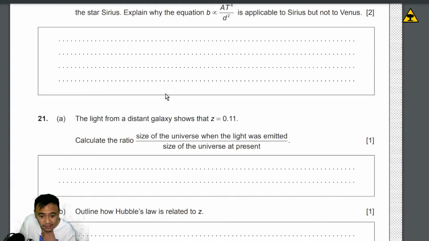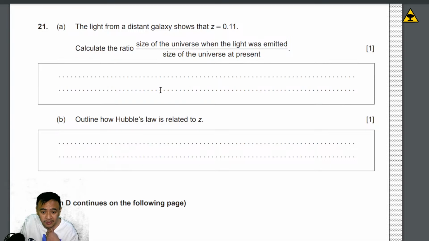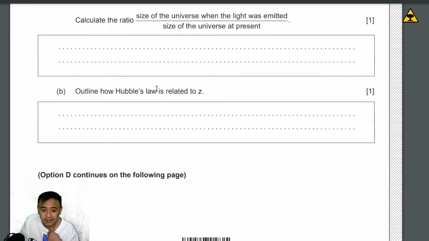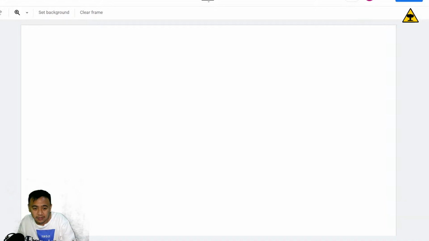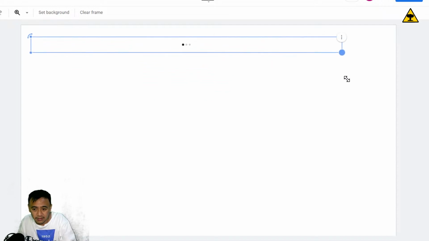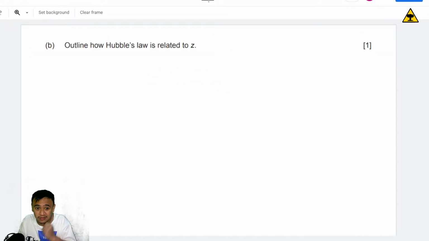Okay, next. Outline how Hubble's law is related to Z. What is Hubble's law? I know Hubble's formula. Yeah, that would be Hubble's law.